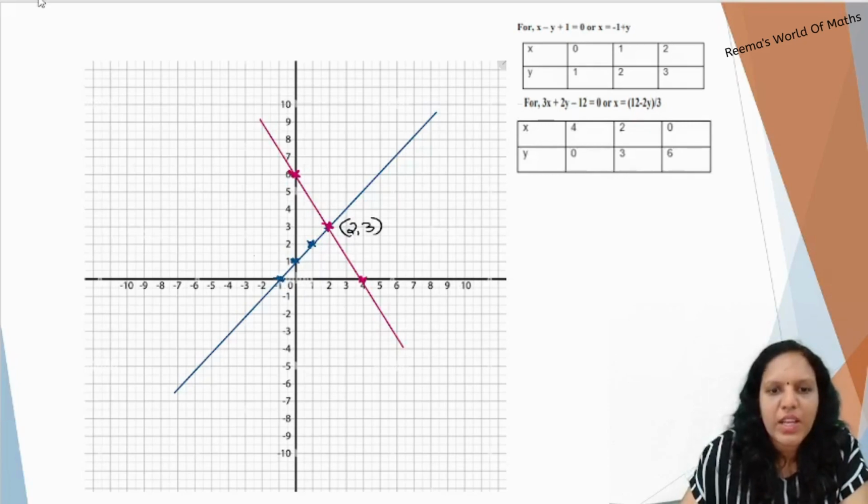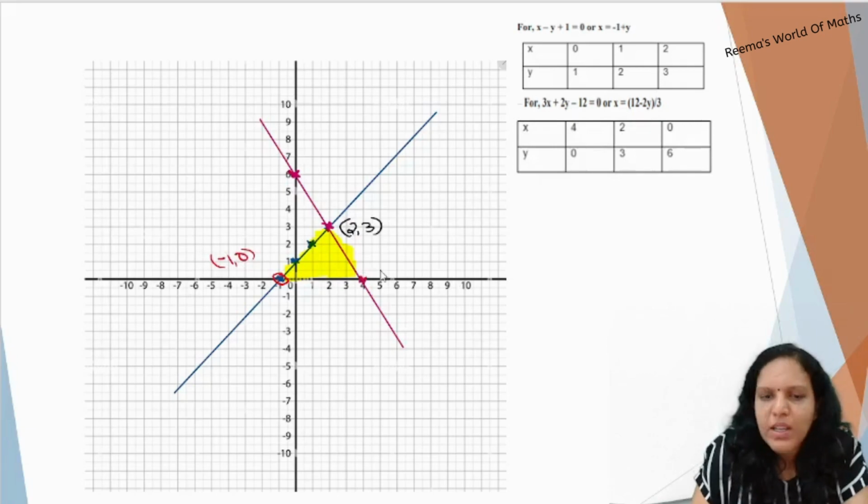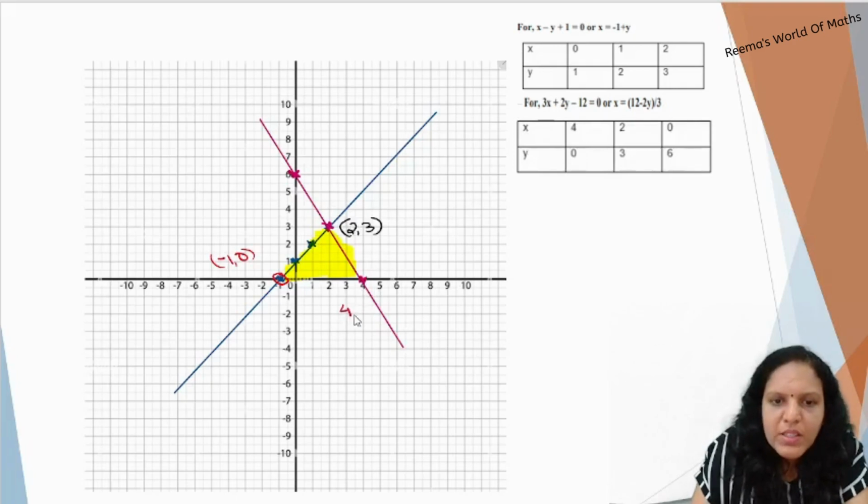We can see the triangle formed here, so this is the triangle formed by the intersection of the two lines. We can write the coordinates of this triangle: here it is minus 1 and 0, so minus 1 is the x and 0 is the y, and here we have 2 and 3, and lastly we have 4 and 0.